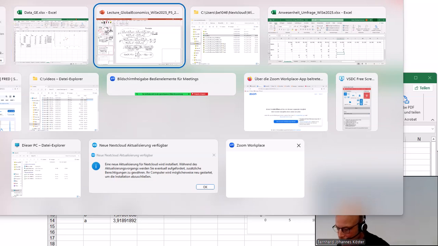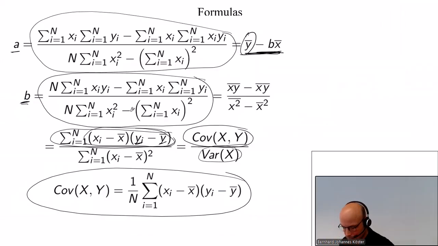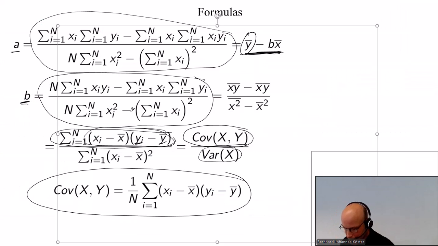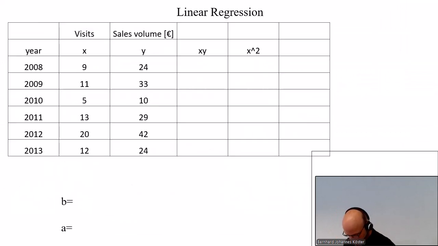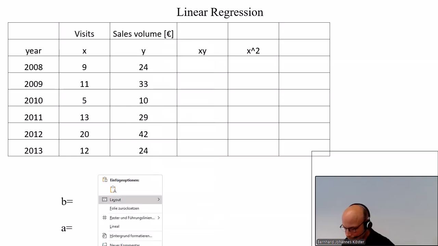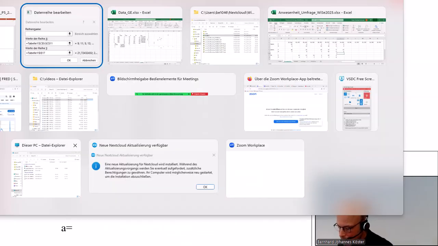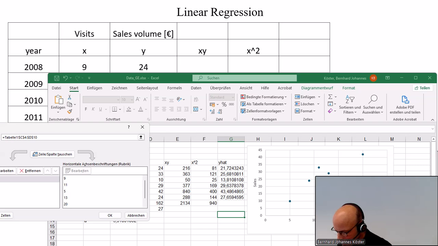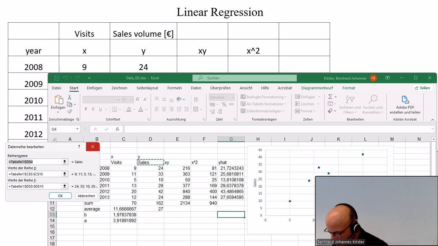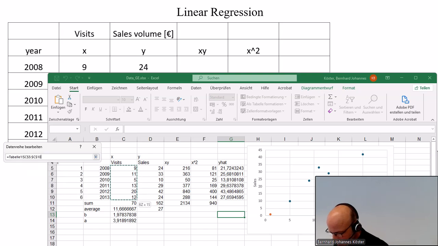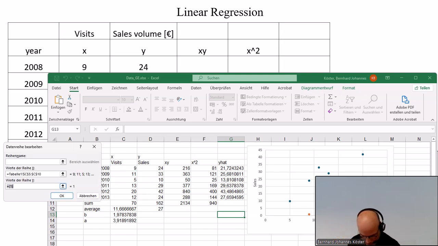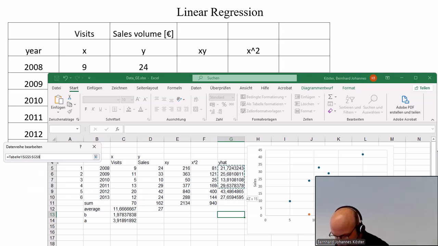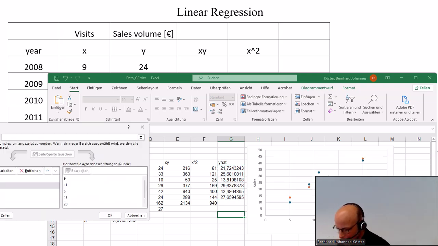So this would be our data which we need here. Adding X values and Y values. I forgot to click OK.